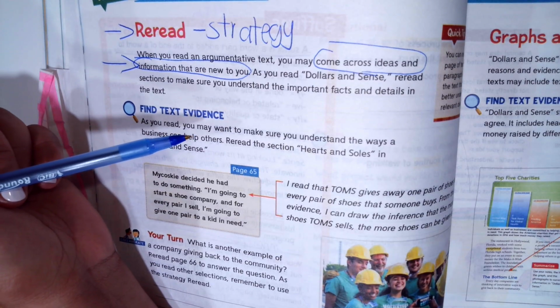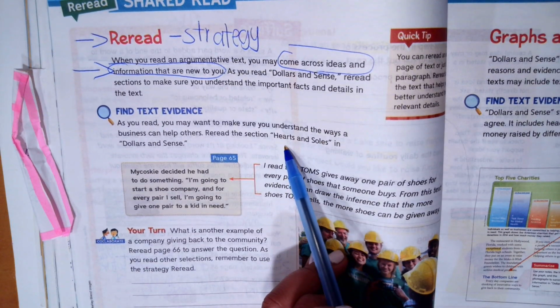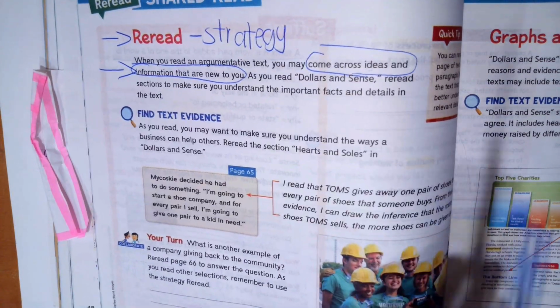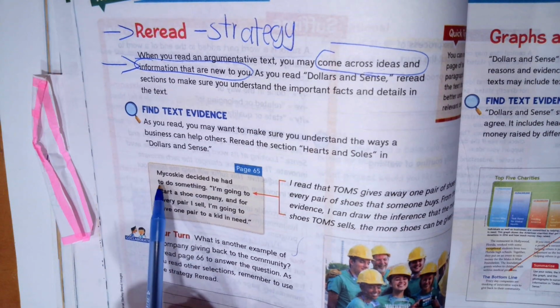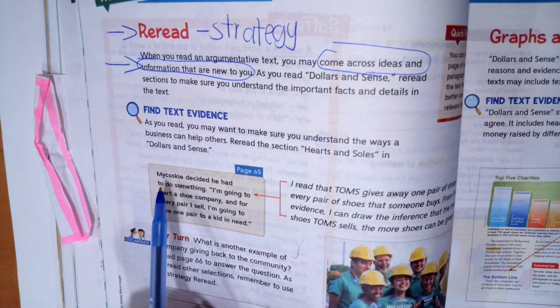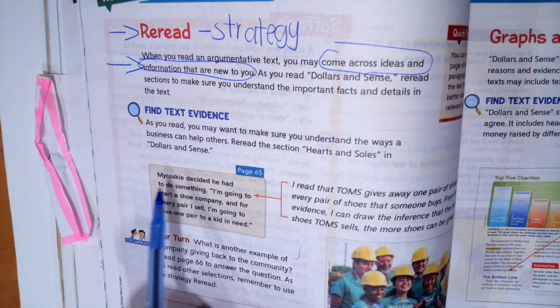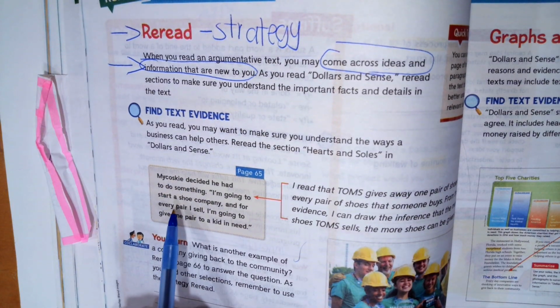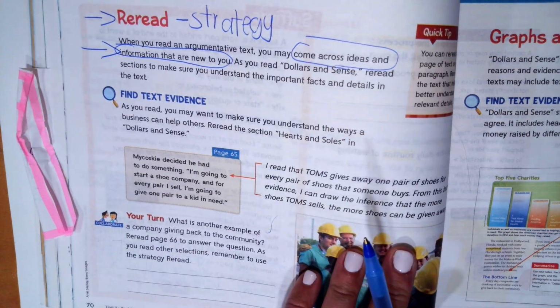Okay, after you reread, let's go ahead and put it to practice over here. So here, this person is using an example that they reread the section. Oh, no, they want us to reread the section, Hearts and Soles in Dollars and Cents, which we did. Now, here's the part they want us to reread. McCoskey decided he had to do something. I'm going to start a shoe company, and for every pair I sell, I'm going to give a pair to a kid in need.